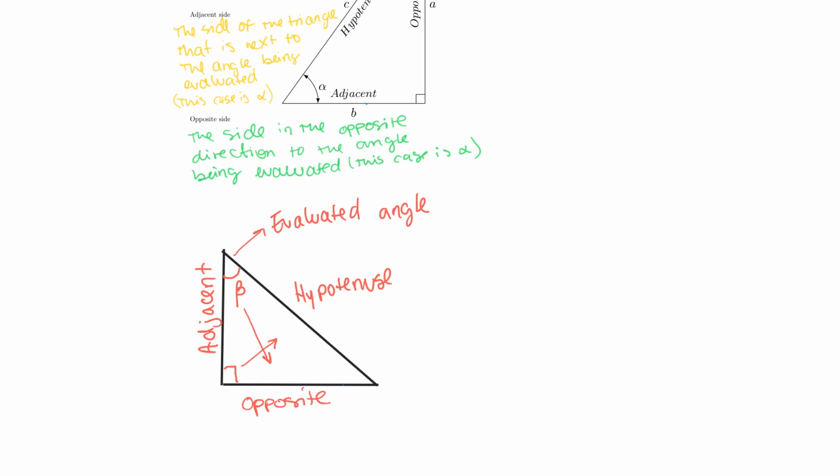If we evaluate this angle right here, let's call it alpha, then the adjacent side will be this one right here because it's touching this angle, and the opposite side then will be this one right here. Okay? So they will change depending on the angle that we are evaluating, but the hypotenuse will always be the same.